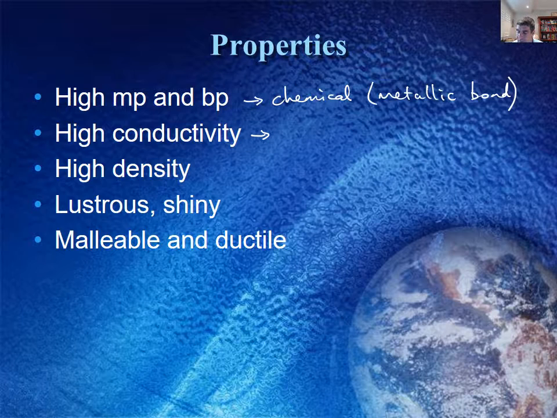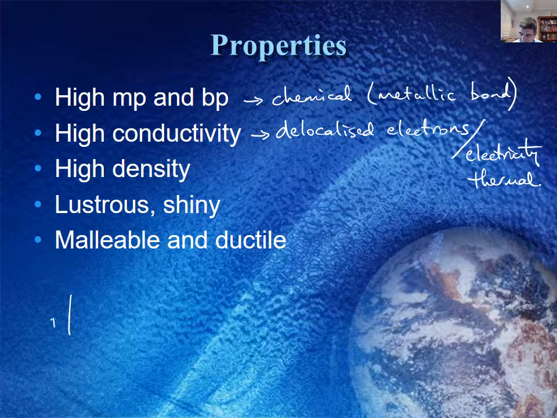The fact that there are free electrons or delocalized electrons explains why metals are such good conductors of both electricity and also of heat, so electricity and thermal conductivity. Because if you put a potential difference between the two ends of the metal, then the electrons will all start to drift towards the positive terminal, and that will give you a flow of charge.